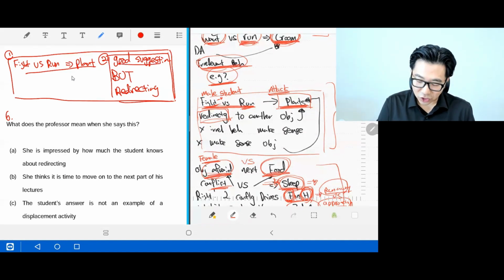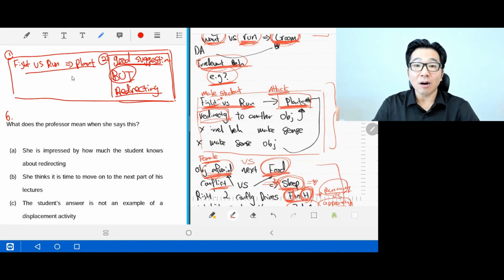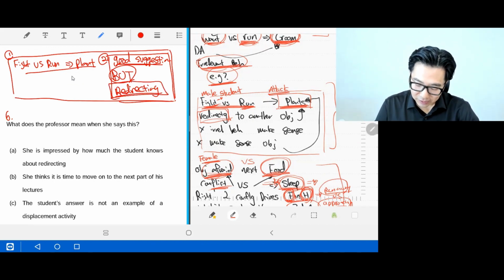That was a good suggestion, Carl, but that's redirecting. So the professor is being very nice and saying, that's a good suggestion, Carl. Okay, the professor didn't say, you're wrong. But what the professor is saying is that it is not a displacement activity, right? So you can catch that and get the right answer just by using the second part.